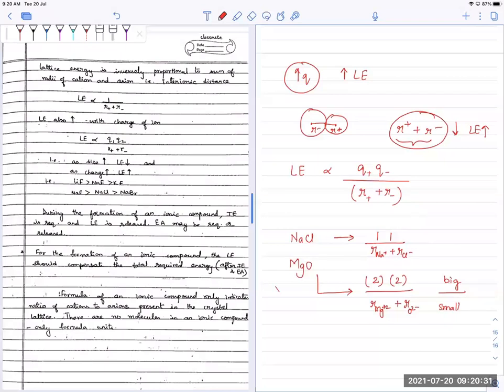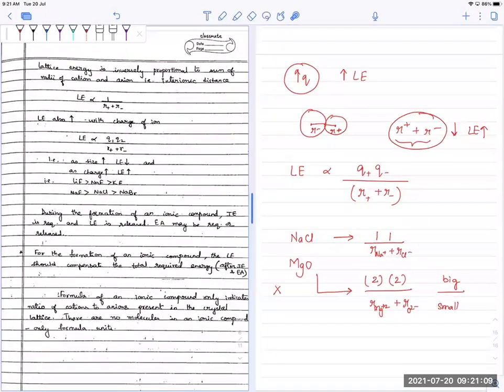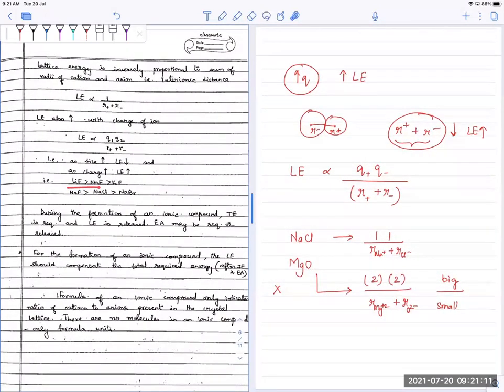So it is harder to break the crystal of magnesium oxide compared to the crystal of sodium chloride. It releases more energy when you form magnesium oxide compared to sodium chloride. Generally, when they want you to compare lattice energies, they keep either the anion the same or the cation the same and ask you to compare so that it becomes easier. Generally they ask down the group. For example, when I ask you to compare lattice energies of fluorides of group 1A, all of them have +1 charge.